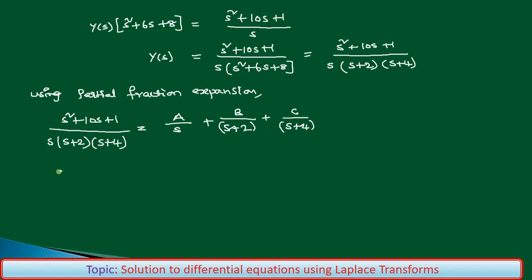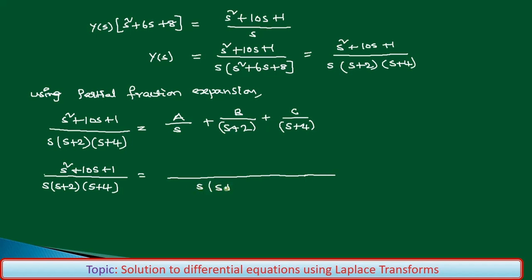So for that purpose we take the LCM on the right side and we write the expression (s² + 10s + 1) divided by s into (s + 2) into (s + 4) equals, so we take the LCM of this right part, so that becomes s into (s + 2) into (s + 4).